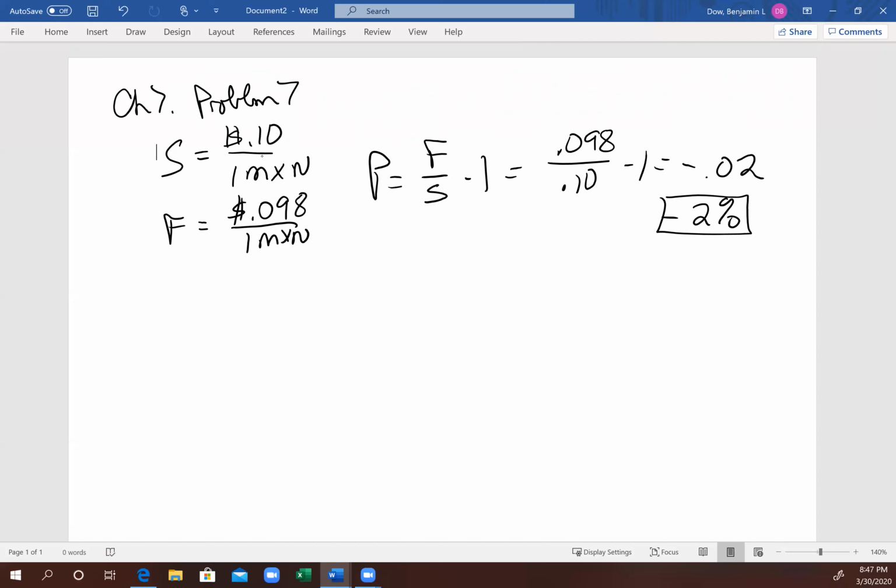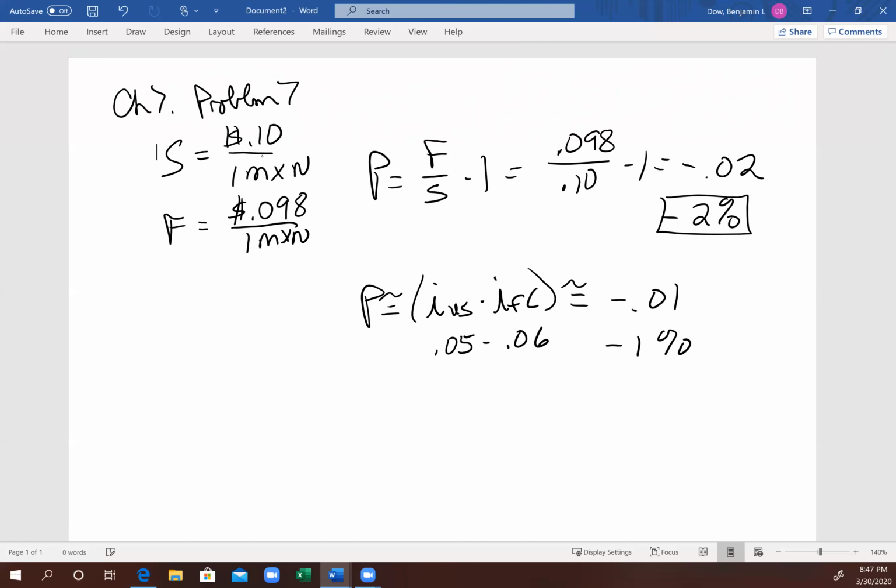So if we go back and look at the premium as determined by the difference in interest rates, and US interest rates are 5%, and interest rates on the peso are 6%, then that difference is negative 1%.